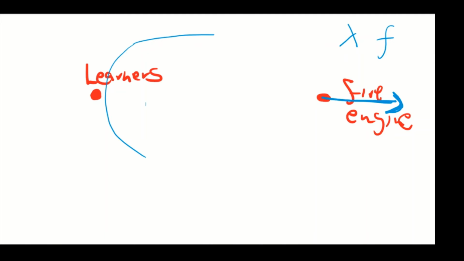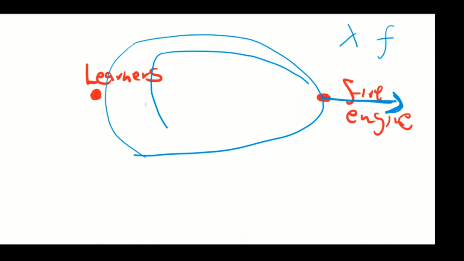Let me show you. It's going to be like this, right? So the distance between these wavefronts is going to be larger towards the learners, but smaller at the front, because the wavefront is the one that is emitting sound.